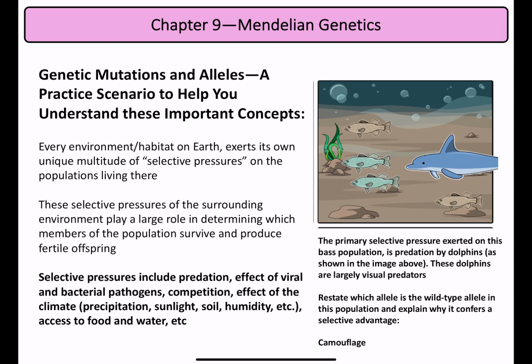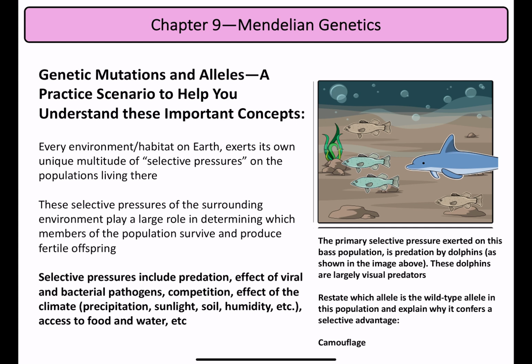All right. So to further reinforce these concepts, we're going to bring in some harsh selective pressures to understand why, in this case, brown is the wild type. So I'm going to read this a little bit. It says, every environment, every unique habitat on the planet exerts its own unique multitude of what we call selective pressures. Now, you need to know that a selective pressure is basically any factor in the environment that kills organisms, picks and chooses who lives and dies. So there's a lot of things that do that in the wild.